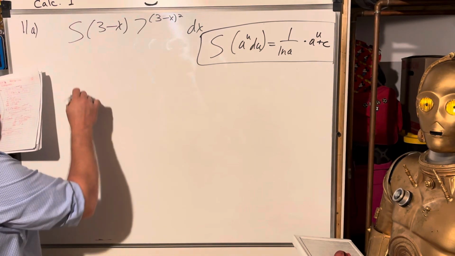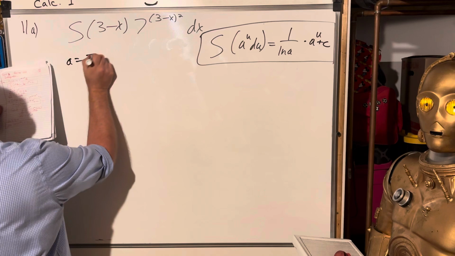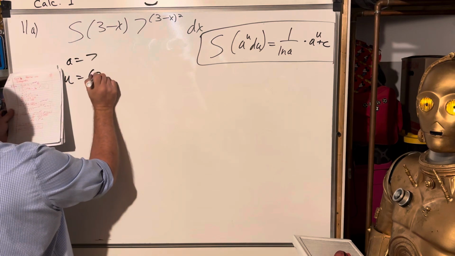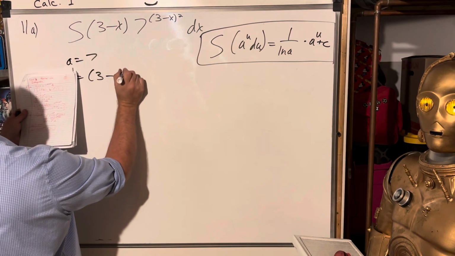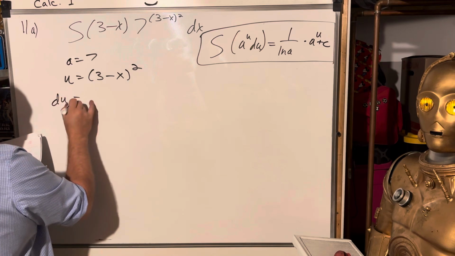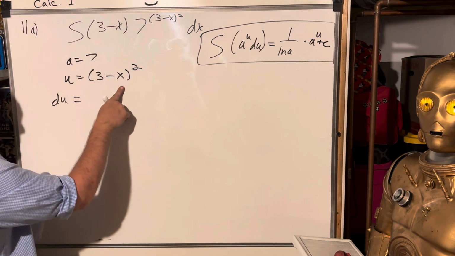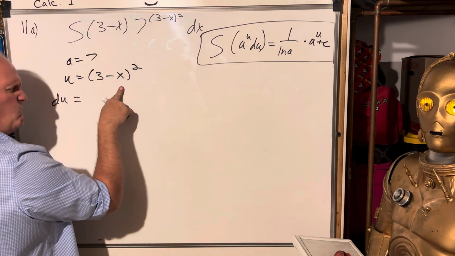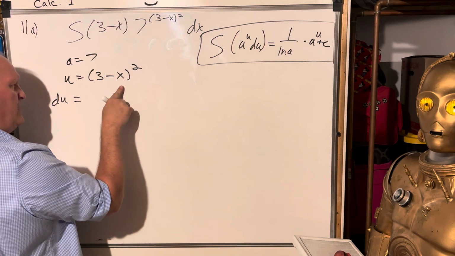Okay, let's see. A is 7. U is 3 minus x squared. Oof. So du is going to require us to go back to chapter 3.